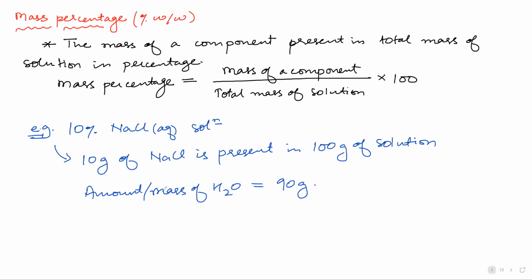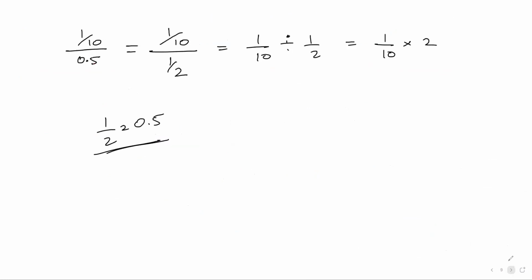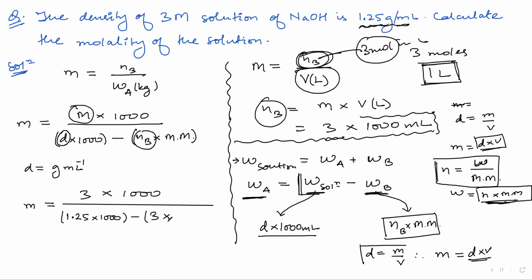See, we have calculated 40. 3 into 40. So you will get this as 3000 divided by 1250 minus 4 3s are 120.